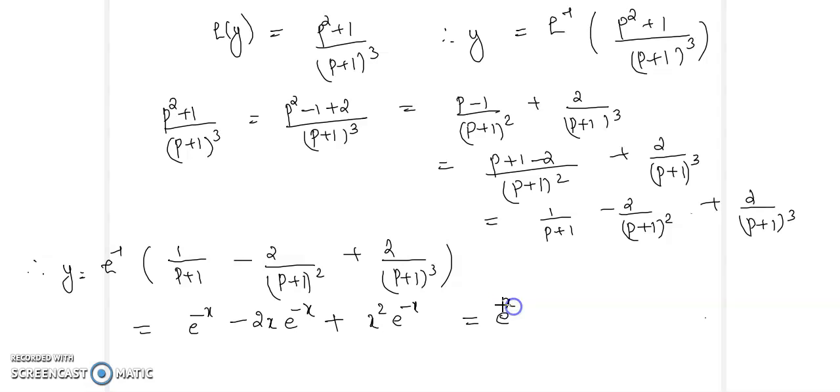So that is e raised to minus x into (x square minus 2x plus 1). So that will be e raised to minus x into (x minus 1) whole square. So that is the required value of y.